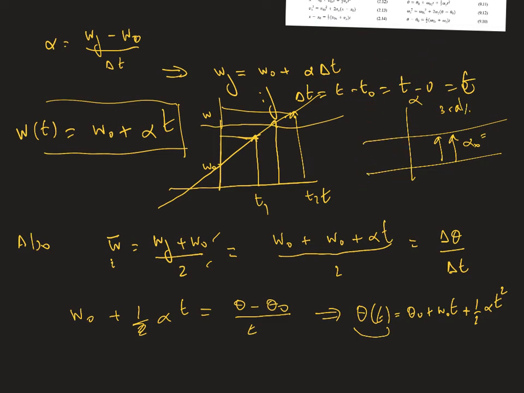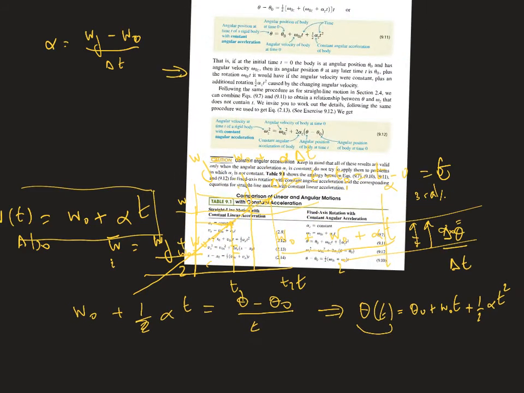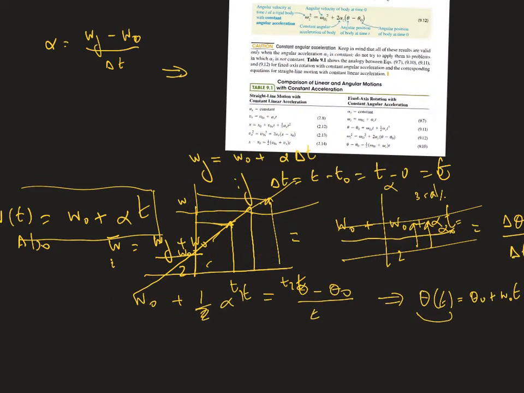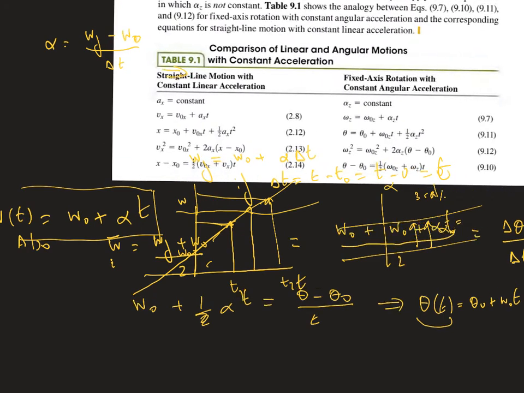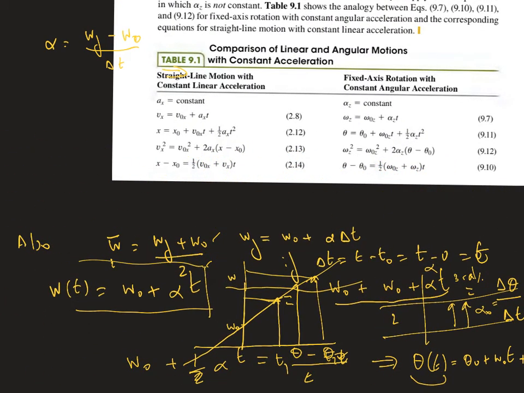So let's review it here. This is the comparison between the two cases. In the first case, you have constant linear acceleration: the velocity changes like this, the position changes like this.